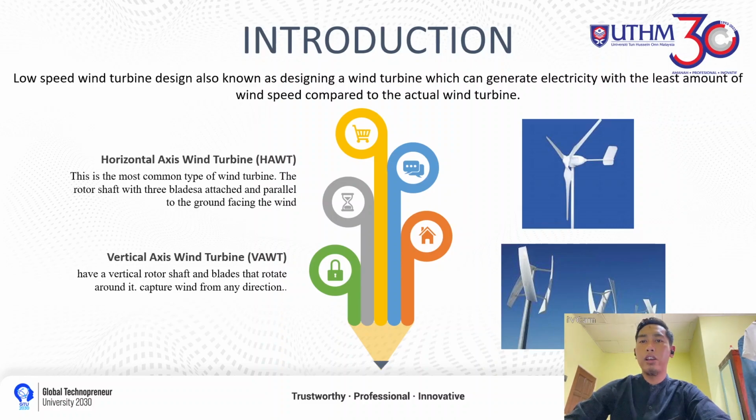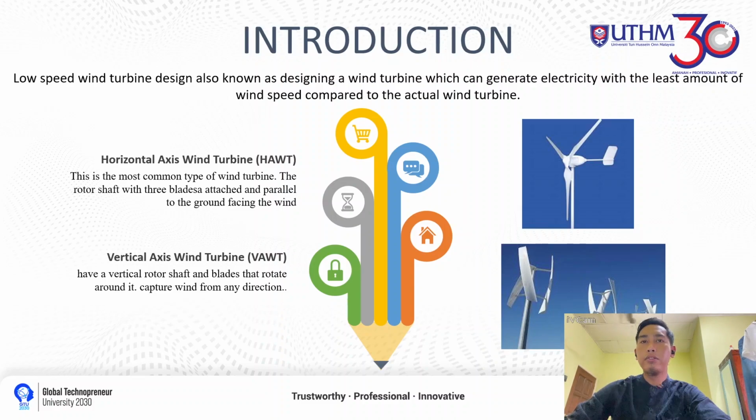Basically, there are two types of wind turbine, which are the horizontal axis wind turbine and the vertical axis wind turbine. The horizontal one is the most common wind turbine that we use in this world, with a rotor shaft with three blades attached, parallel to the ground, facing the wind.